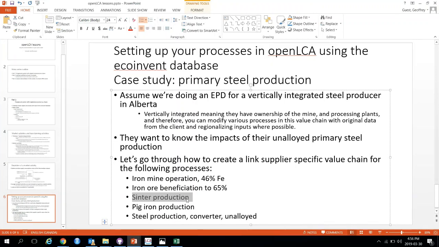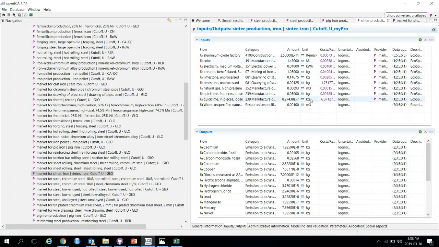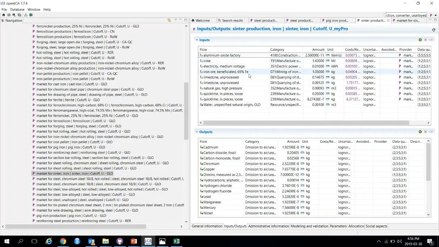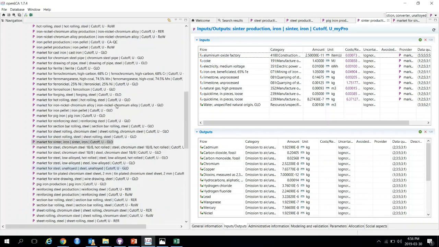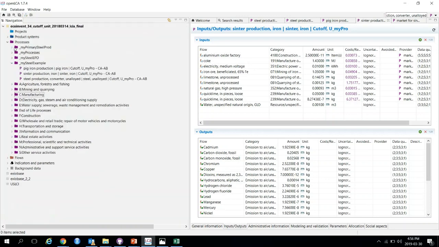So we have sinter. Now we're interested in the iron ore beneficiation to 65%. Okay, so we can look at our sinter production process that we created, and we see the input iron ore beneficiated to 65%. We're going to find that if we go to, let's close this.